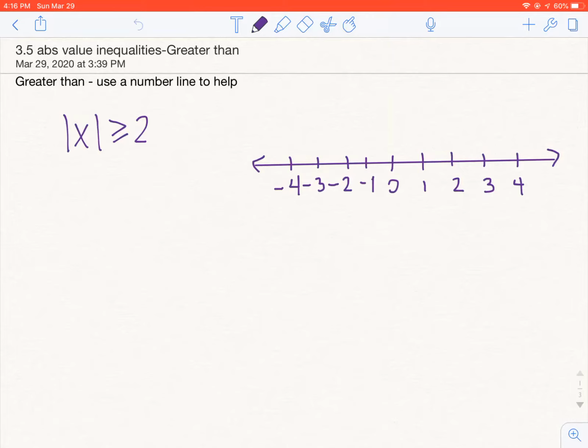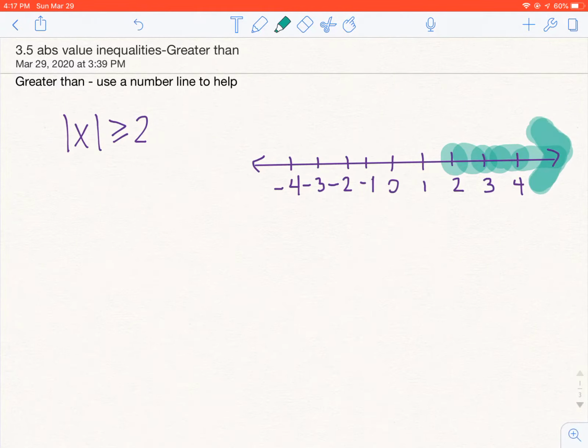Okay, so we'll start. We're looking at the absolute value of x is greater than or equal to 2. Well, we know that 2 works. We know that 3 works. 2.5, 3.5, 4, 4.5. So anything out here works.